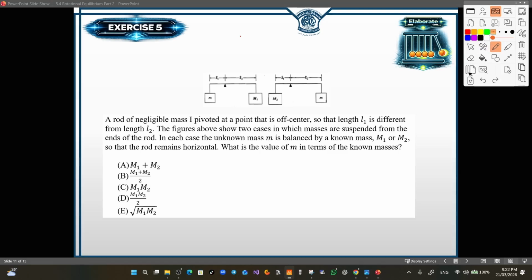Now, since here we have a rotational equilibrium, we can say that for the first trial, tau1 equals tau2. Tau1 is the torque due to the first force, so the first force is mass times gravity, and tau2 is mass capital M1 times gravity.